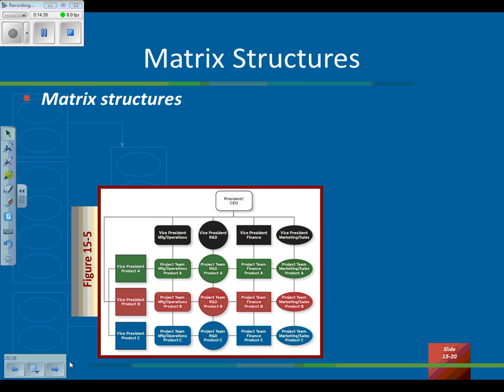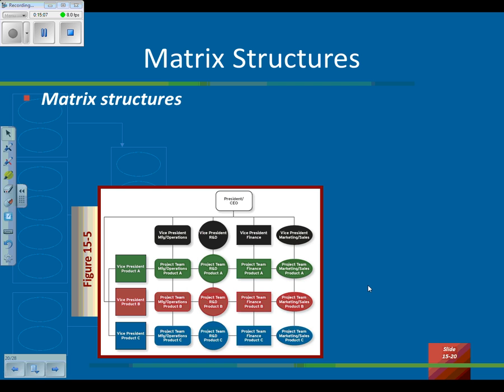Now, in an academic organization, faculty actually operate in a matrix structure, and administration operates in more of a functional structure. So there we have an organization that has two types of structure. The matrix structure is very flexible and allows organizations to put together teams based on employees' experience and skills.